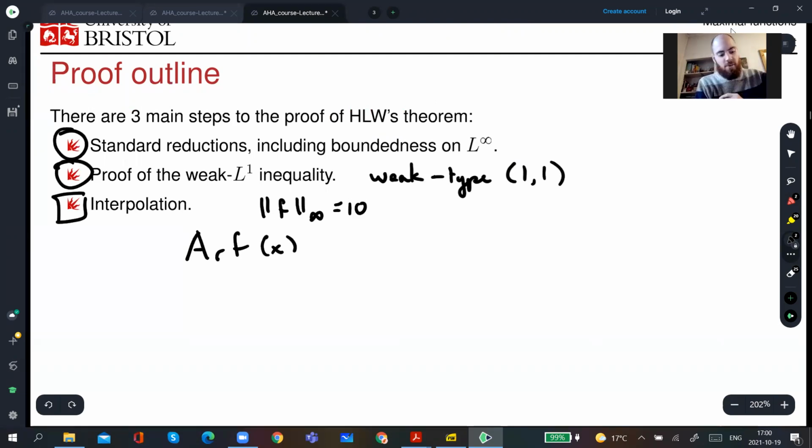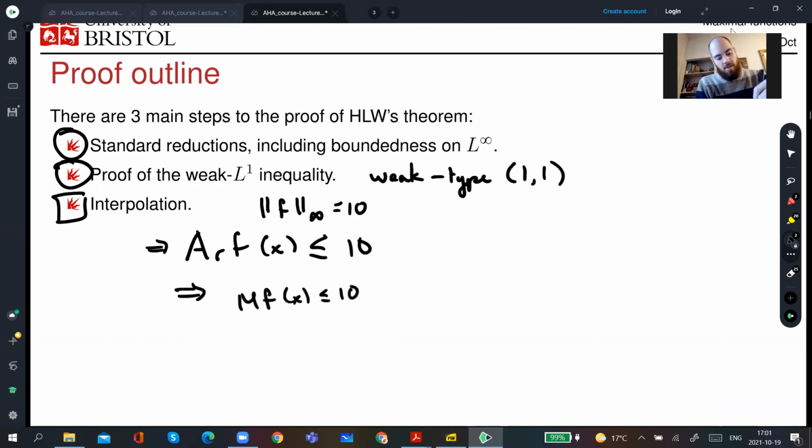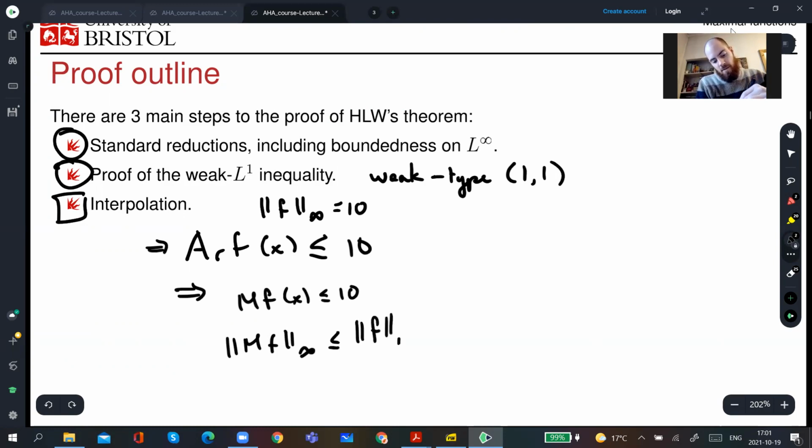If f is less than 10 everywhere, then any average is less than or equal to 10 everywhere, which implies that the maximal function is less than or equal to 10 everywhere. Or in other words, the maximal function in L infinity is bounded by the L infinity norm of our original function. There's no loss of a constant here. It's a constant 1.